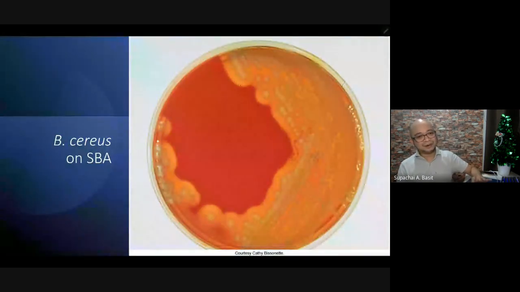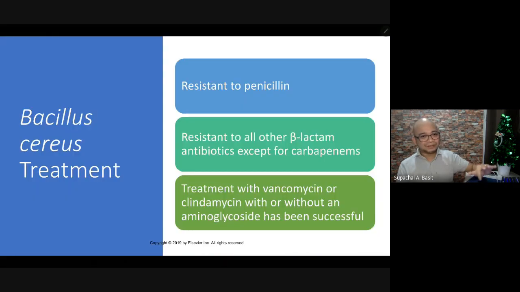So another example of Bacillus cereus on blood agar plate. And treatment, they are resistant to penicillin. They are resistant to other beta-lactam antibiotics except for carbapenems. And therefore, we have to treat patients with vancomycin and clindamycin with or without aminoglycoside.